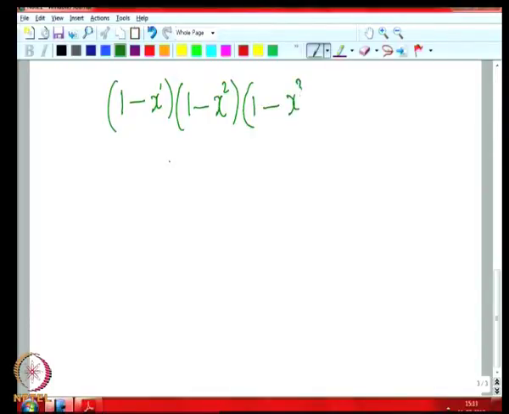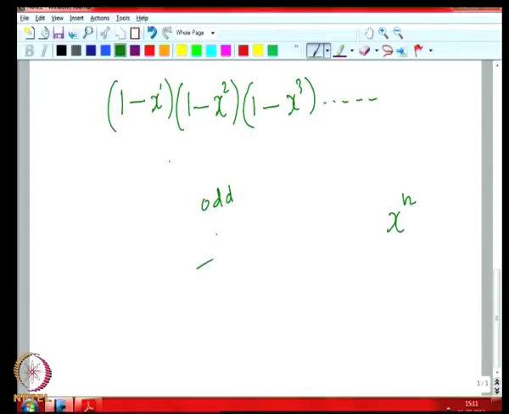So when I consider the coefficient of x raised to n, its contributions are coming from each partition of n where the parts are all unequal. But then there is a sign along with each of them. What is the sign? If the number of summands were odd, then we will get a negative sign.